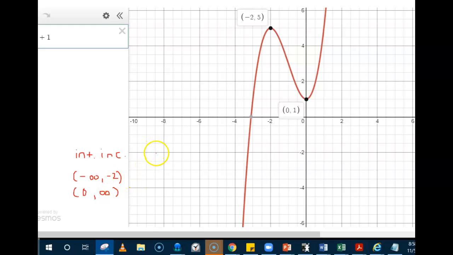Now, if I'm talking about the decreasing interval, okay, so an interval of decrease. What interval would I be decreasing? I go up the hill, I stop, and then what happens?